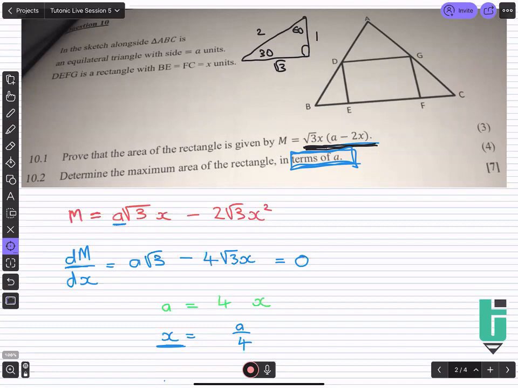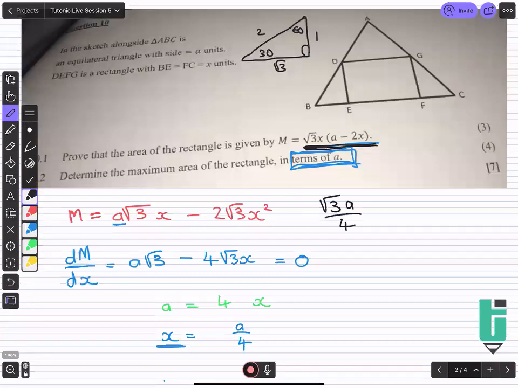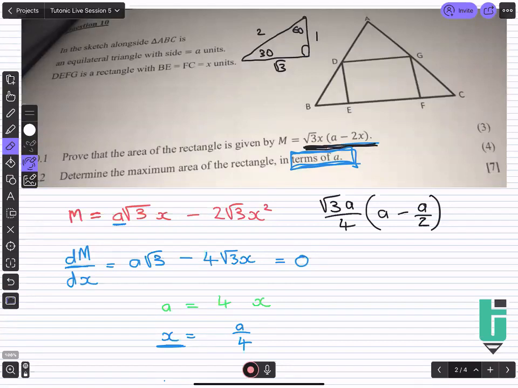So we could sub it in, so it becomes root 3 times a over 4, multiplied by a minus 2a over 4, which is a half a. What's a minus a over 2? It's just a over 2.